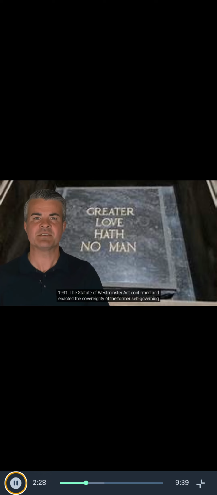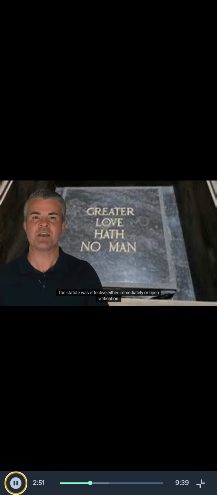1931. The Statute of Westminster Act confirmed and enacted the sovereignty of the former self-governing dominions of the British Empire and separated their governments from the influence and legislative authority of the United Kingdom. It also bound them all to seek each other's approval for changes to monarchical titles and the common line of succession.